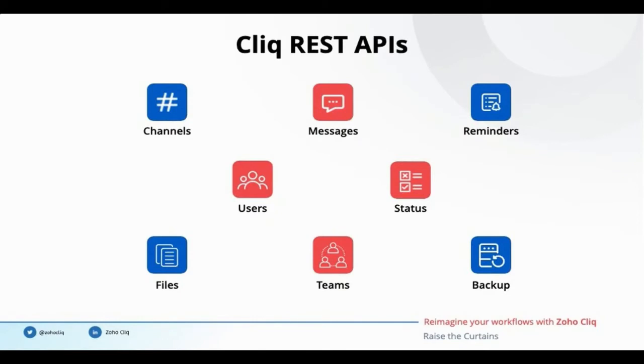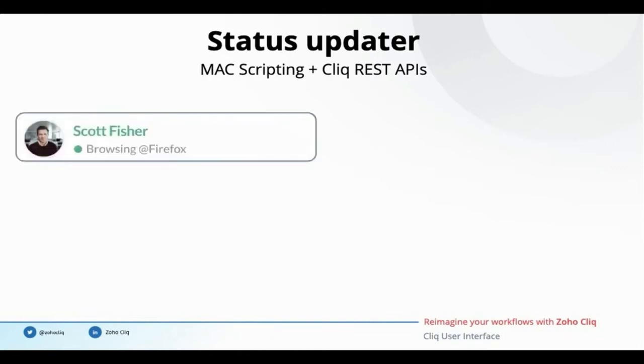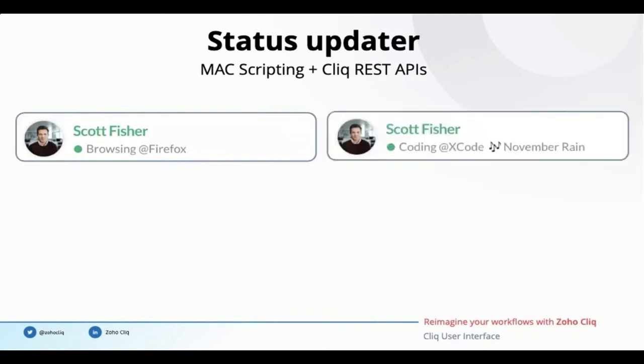I would like to share an interesting scenario which happened inside Zoho Corp. One of the iOS developers of Zoho had developed a Mac script that would update his Click status when he works in different applications on his laptop. His Click status automatically gets updated as browsing at Firefox when he is using Firefox. It changes to coding at Xcode along with the song name he is currently playing in Apple Music.